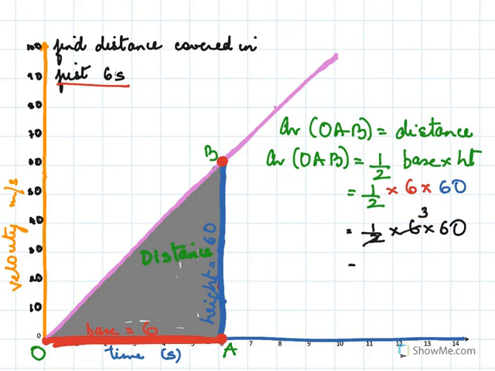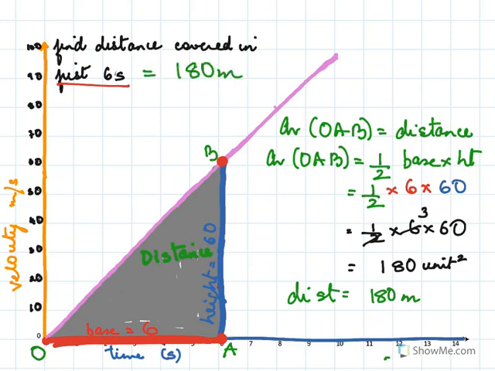So I do this 3. So this is 180 here, unit square, because I'm finding area, it is square. But the distance will be 180 meter. So this answer is 180 meter, the distance covered in the first 6 seconds.